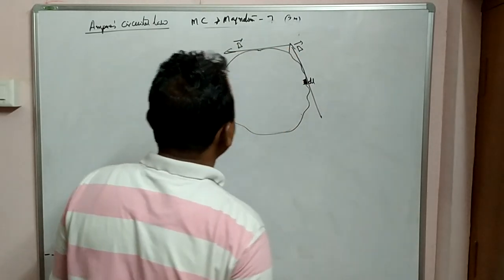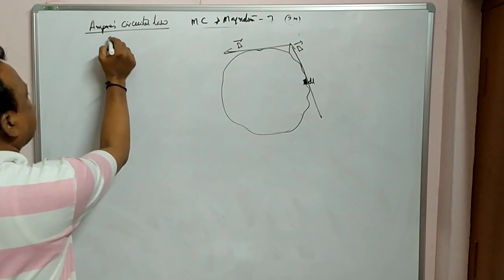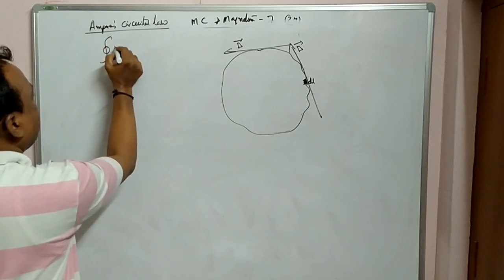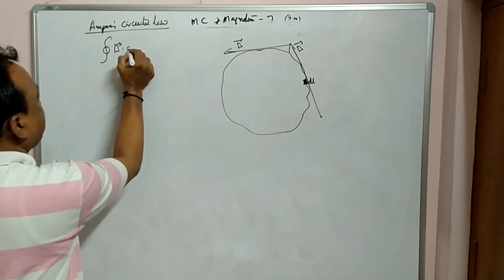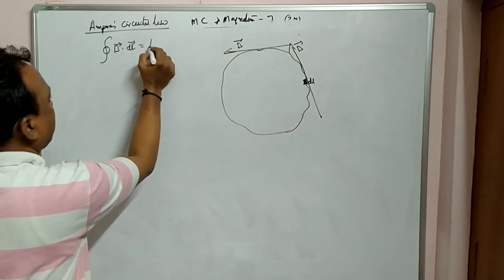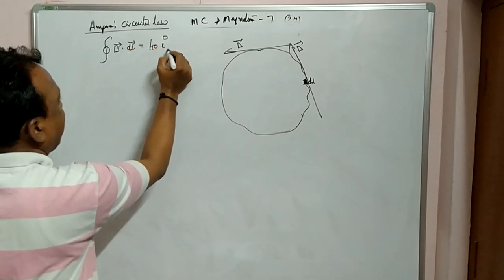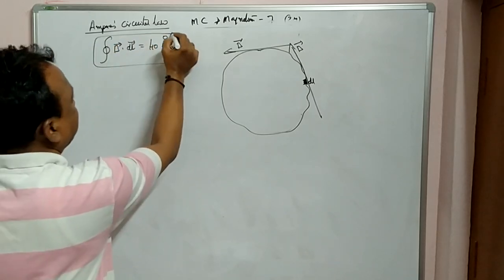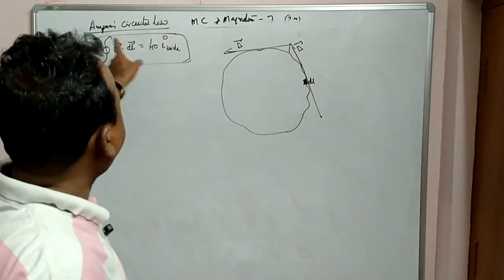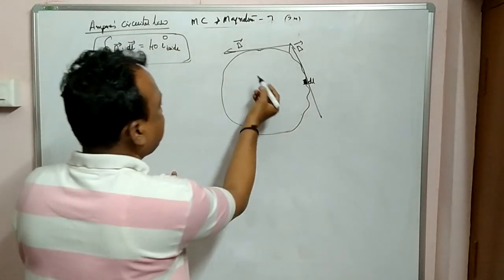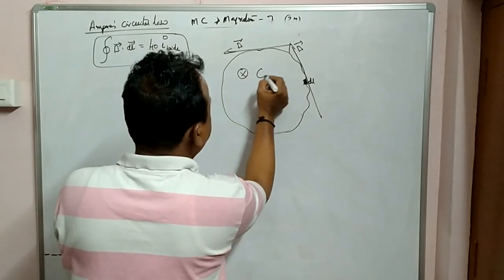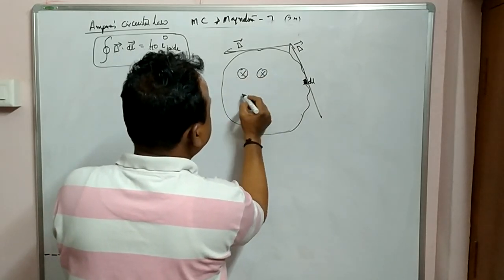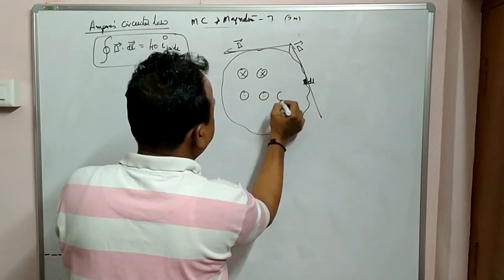Now according to Ampere's law, the line integral of B dot dl around the loop is equal to mu naught times I inside, the enclosed current. Very, very important. Because here you can take a number of charges, some may be inside, some may be outside.